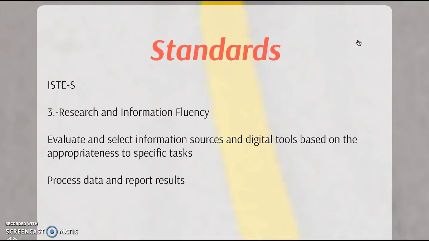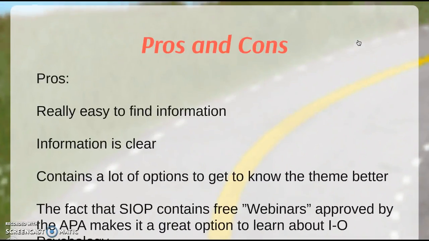The third one is research and information fluency, which is to evaluate and select information sources and digital tools based on the appropriateness to specific tasks, and to process data and report results.